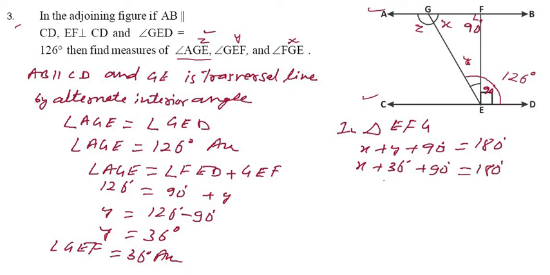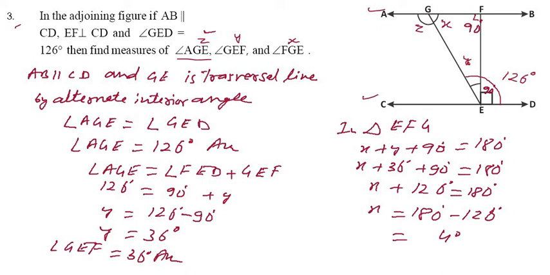So X plus, adding this, 6 and 9 and 3, that is 126, is equal to 180 degrees. Now find X. So 180 degrees minus 126 degrees. 10 minus 6 is 4, and 7 minus 2 is 5, so 54 degrees is your answer.